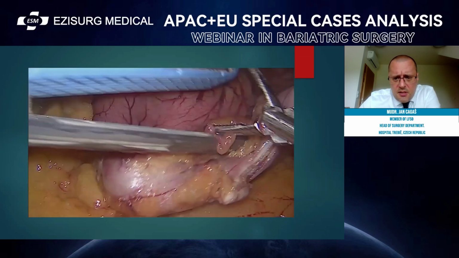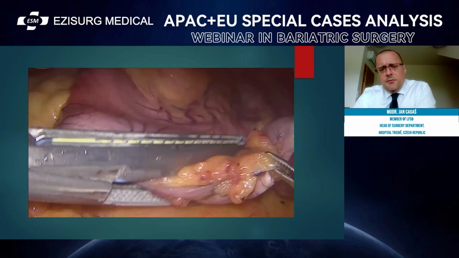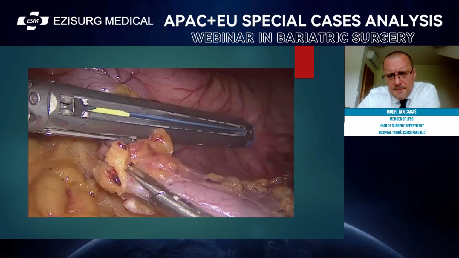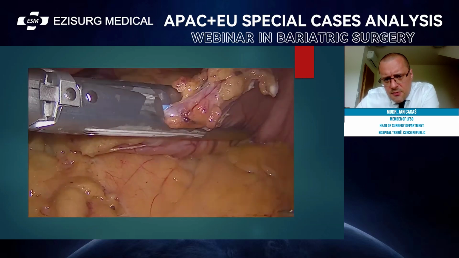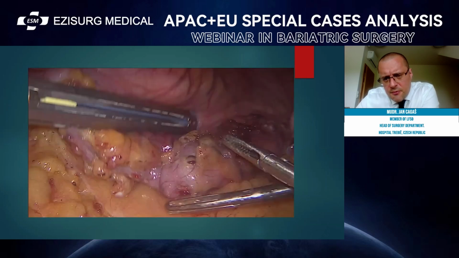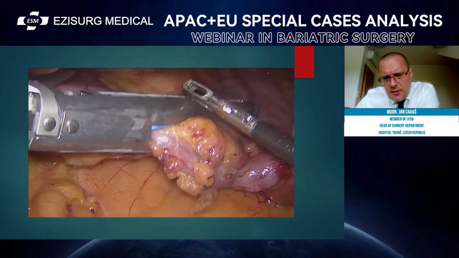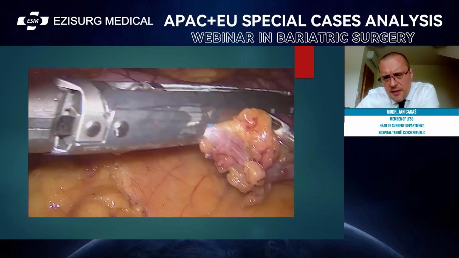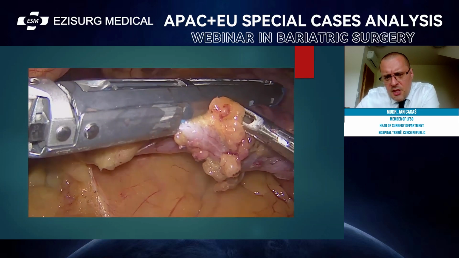So this is how we do sleeve. Well, just a short video. You'll see that there is only the already skeletonized greater curvature. And here you can see we use a 42 French bougie. We want to have some remnant stomach, and we don't get too close to the bougie.